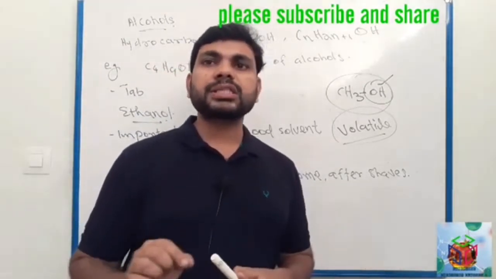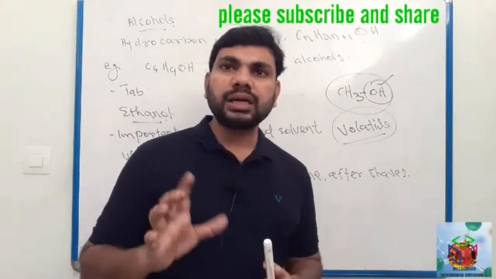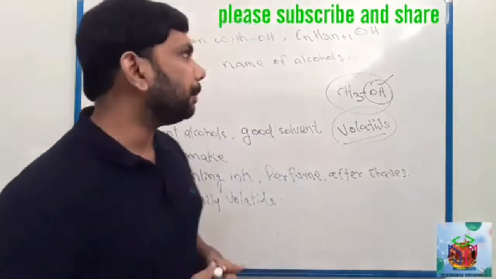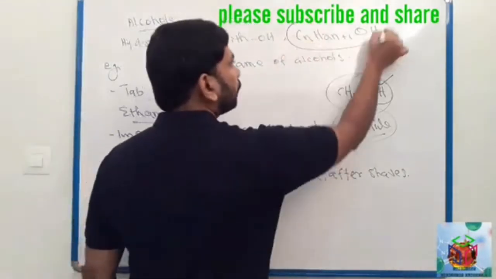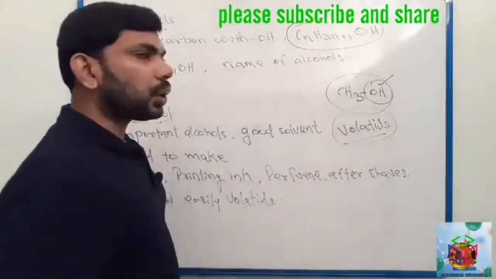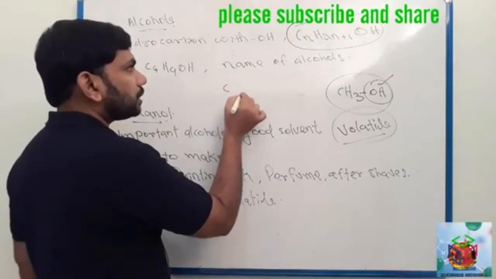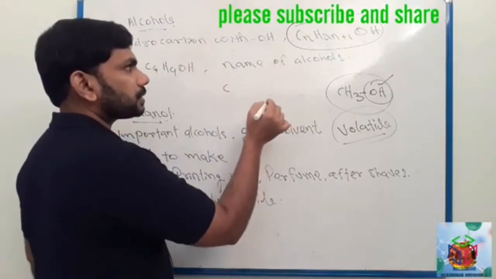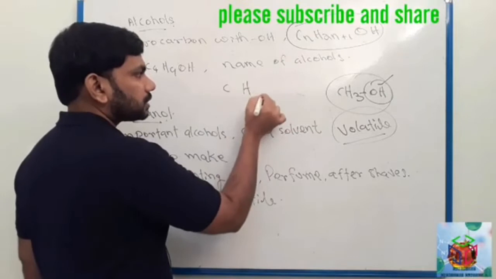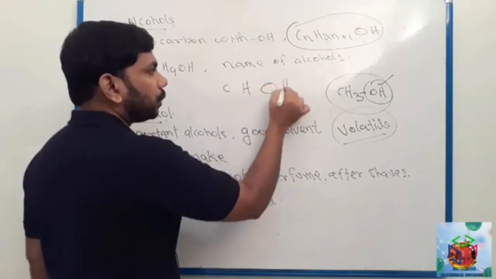Here is one question: make an alcohol which contains 5 carbon. So how can you make it? If you know this general formula, you can make the alcohol which contains 5 carbon. We know the general formula CnH2n+1OH. So there is carbon, hydrogen and OH.